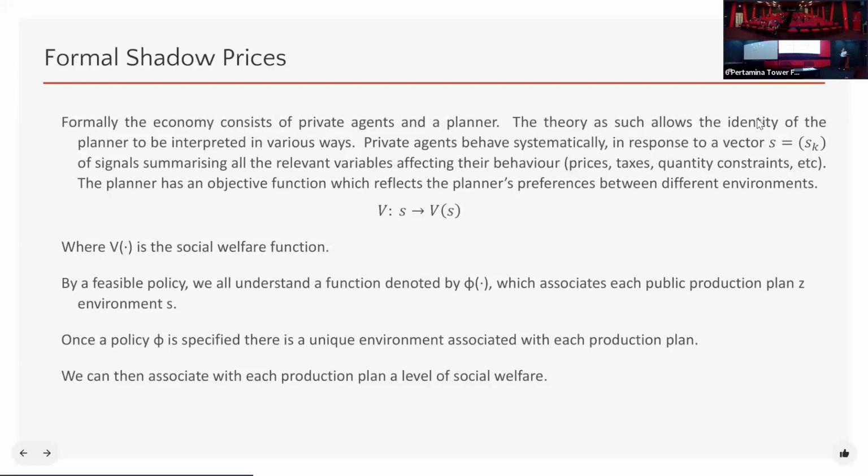And private agents behave systematically in response to a vector F. So this vector F is a vector of signals, okay, that summarize all the relevant variables affecting their behavior. Prices, taxes, quantities, constraints. So the planner has this fabulous social welfare function, B, that they want to maximize.